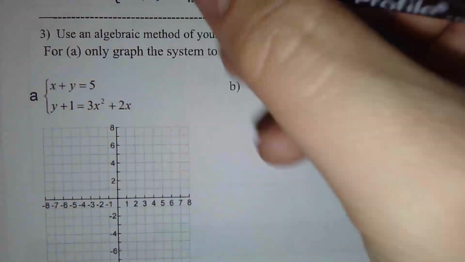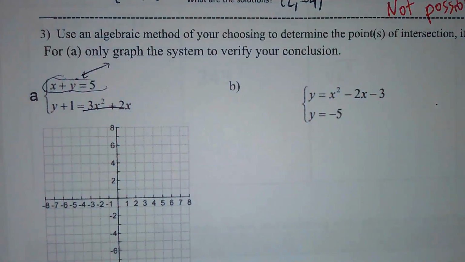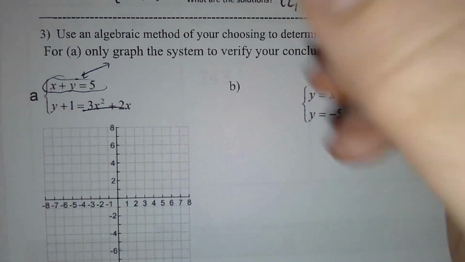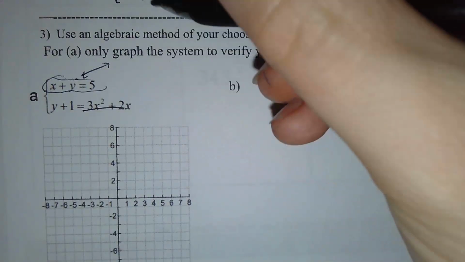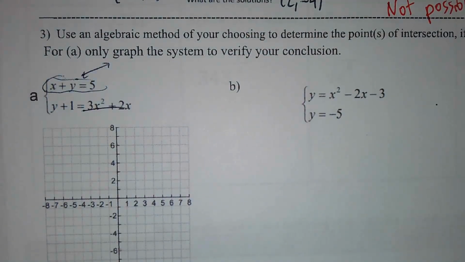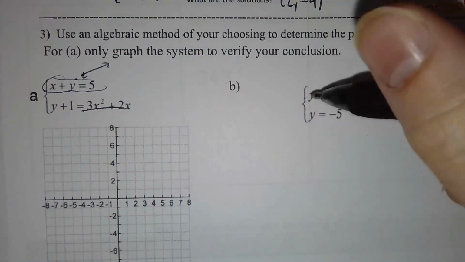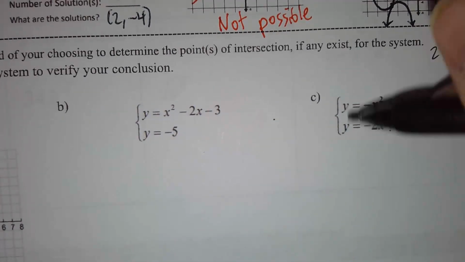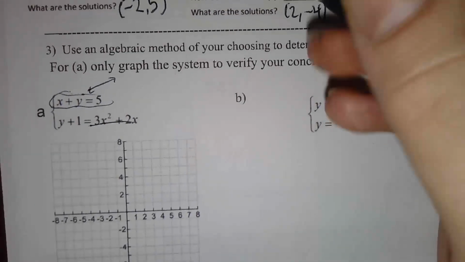So for number 3A, we are going to recognize that this is a line and this is a parabola. That's going to be quadratic. So we're going to have to put them into y equals form. Just like these problems right here, letter B shows y equals, letter C shows y equals. For letter A, we'd also want them to be y equals.